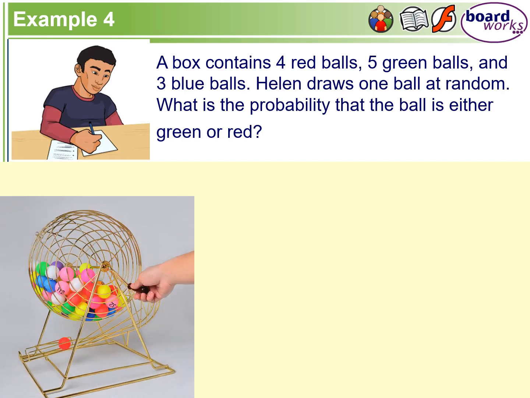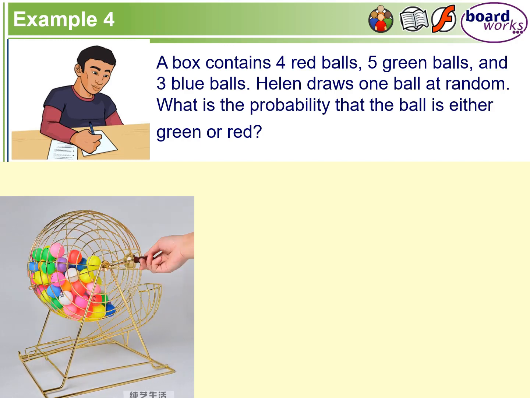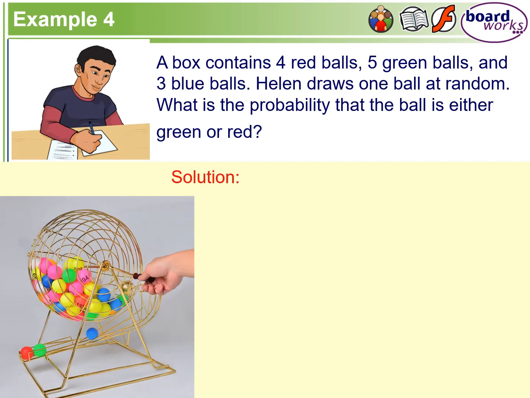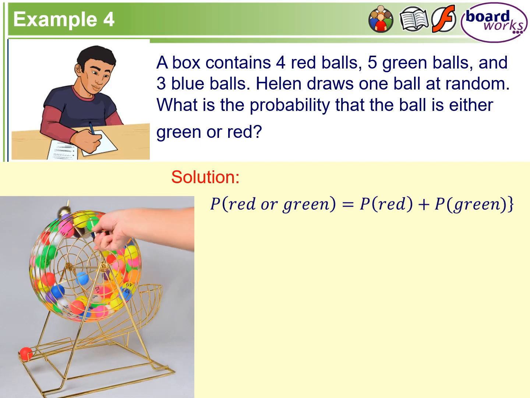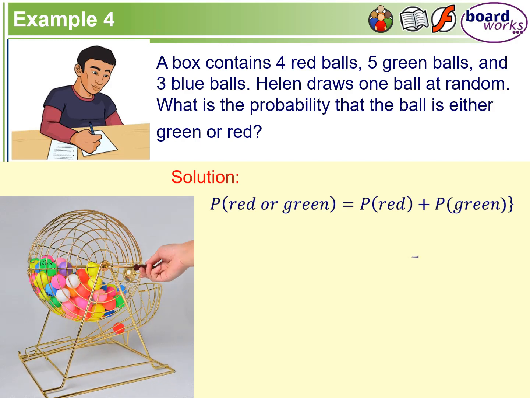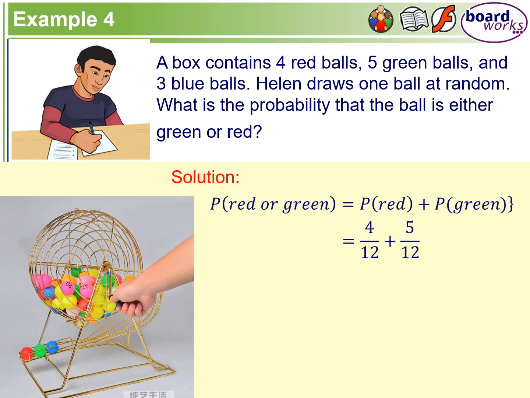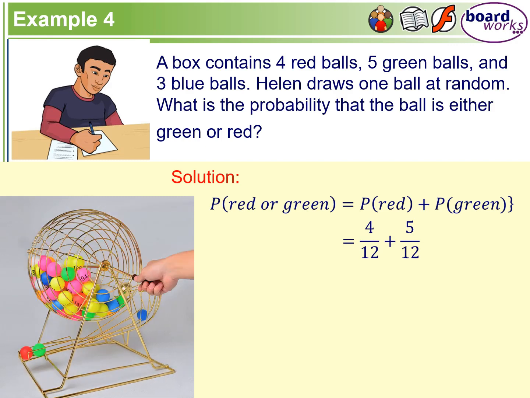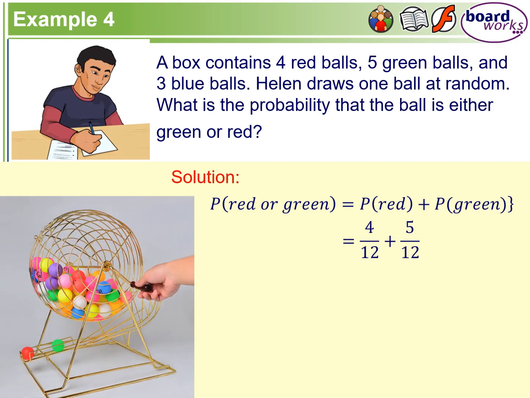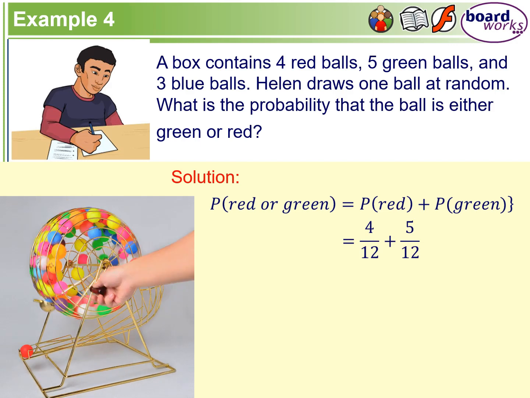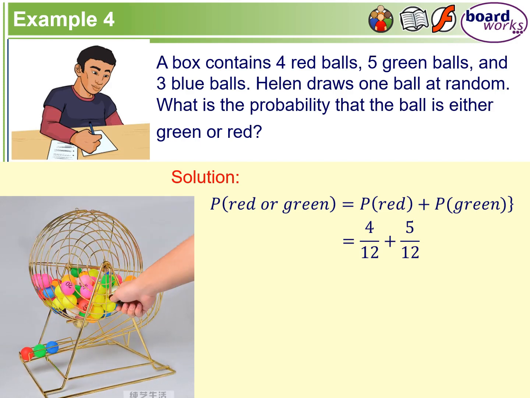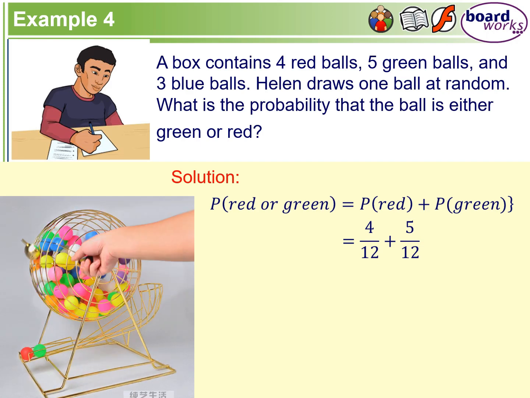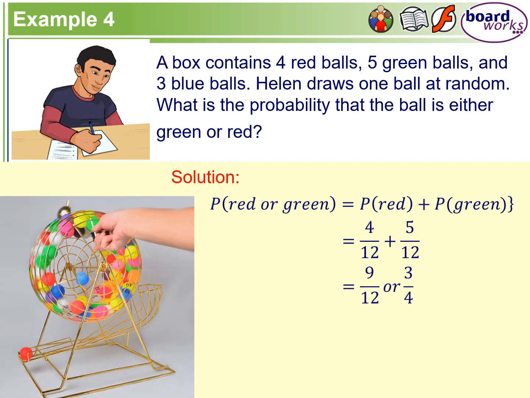You will just add the probability of green and the probability of red. How many are red balls? We have 4. And how many are the total balls? We have 12. Plus, how many are green balls? We have 5, over the total of 12. So 4 over 12 plus 5 over 12, that is 9 over 12, or 3/4.